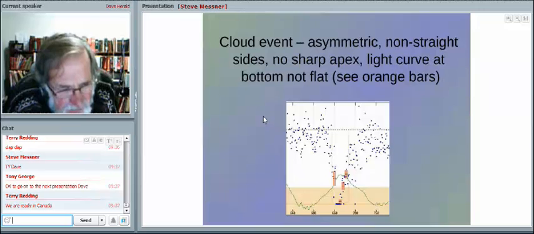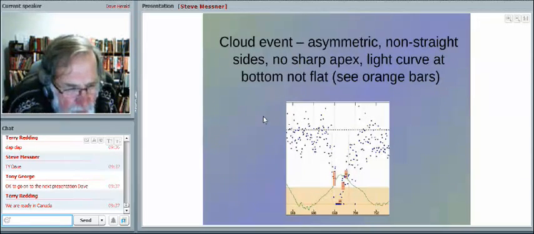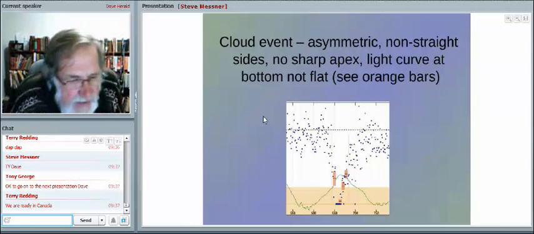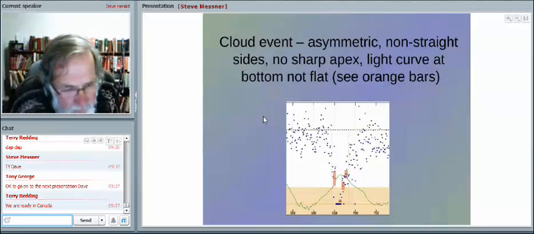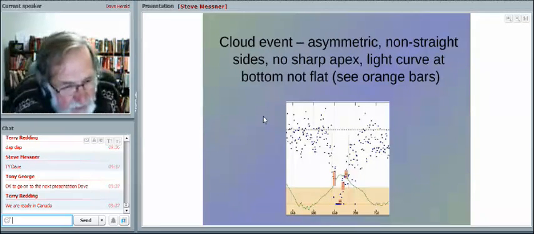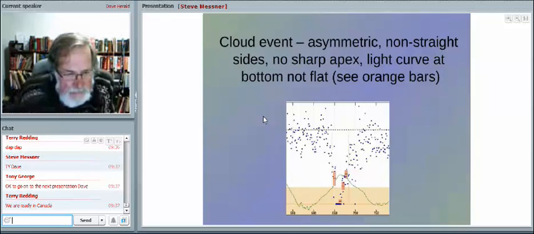The sides aren't straight, the top is not sharp, it's all rounded. And when you look at those orange regions across the bottom of the curve, they're not flat. They're all very U-shaped. That's all symptomatic of something other than an occultation.